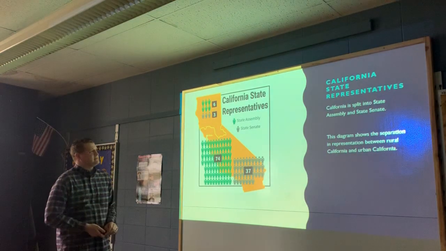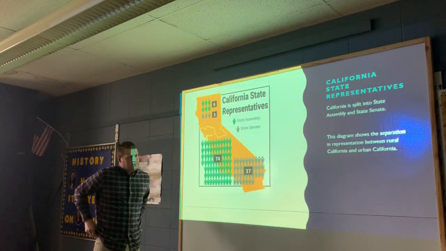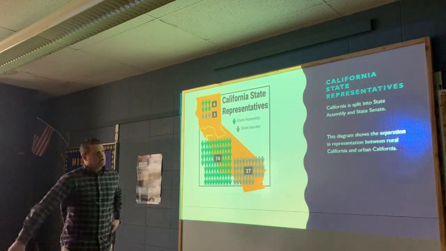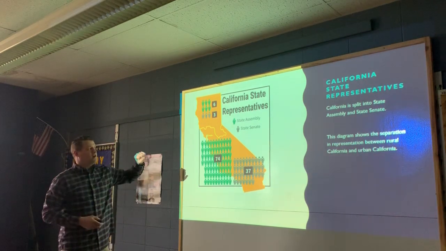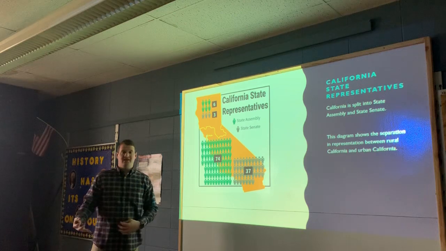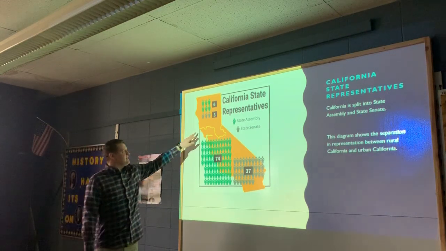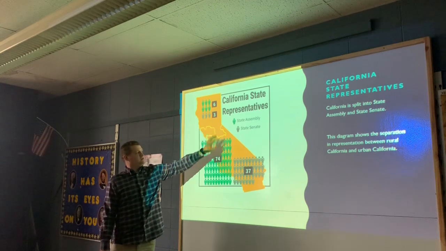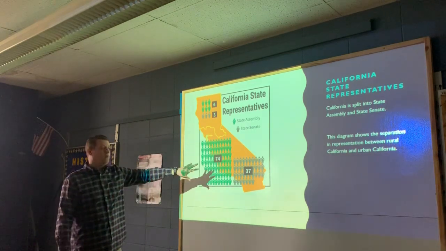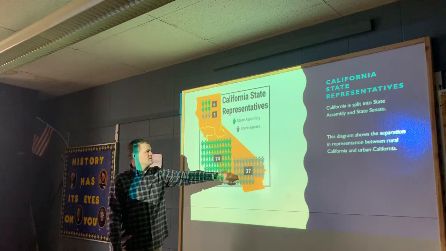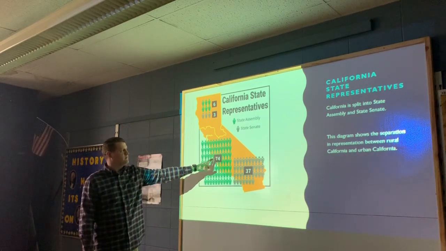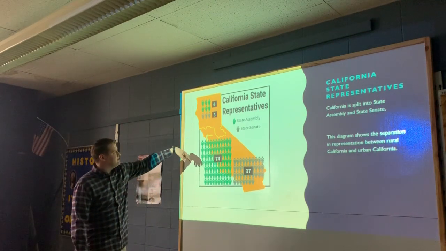Okay, so let's look at the state of California. This is just an example of how it works in California. So the California 2 bodies are the state assembly and the state senate. They have different names. But if you look at this dividing line here for the state of California, Southern California obviously has a lot more people. They have 37 members in the state senate, 74 members in the state assembly.